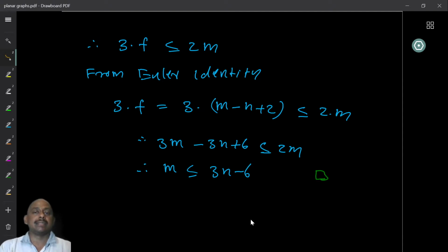This is less than or equal to 2m. So now we get a relation between m and n: transferring 2m to the left and the number of vertices to the right, you get 3m minus 2m, which is m, less than or equal to 3n minus 6. This is the identity that we were looking for.